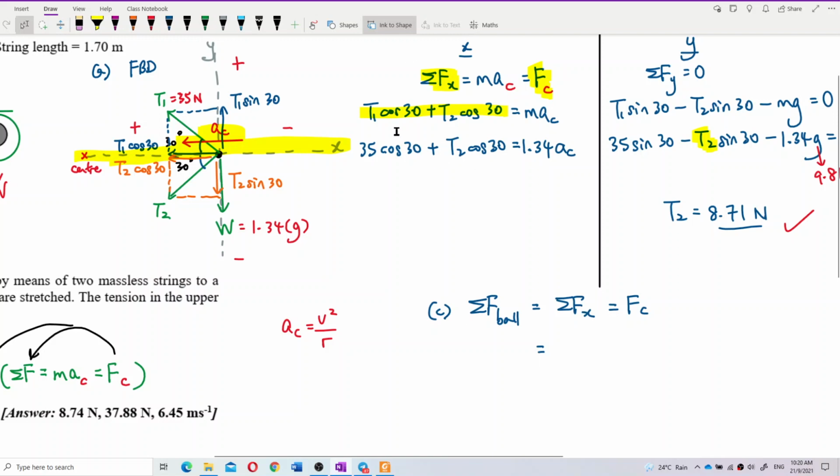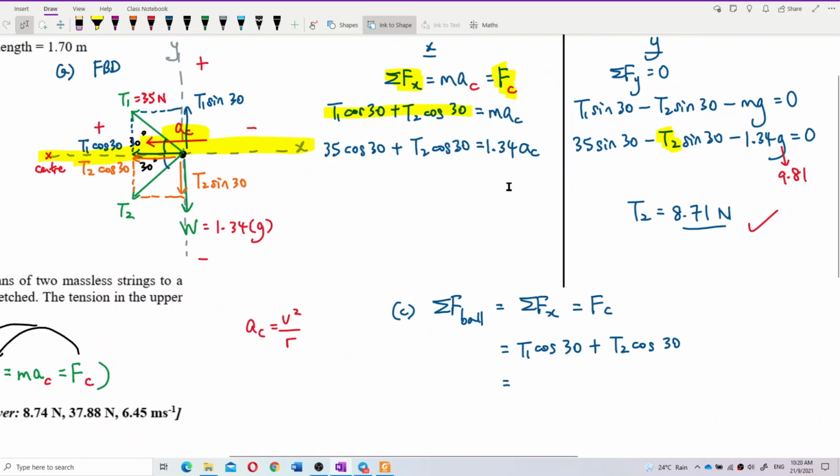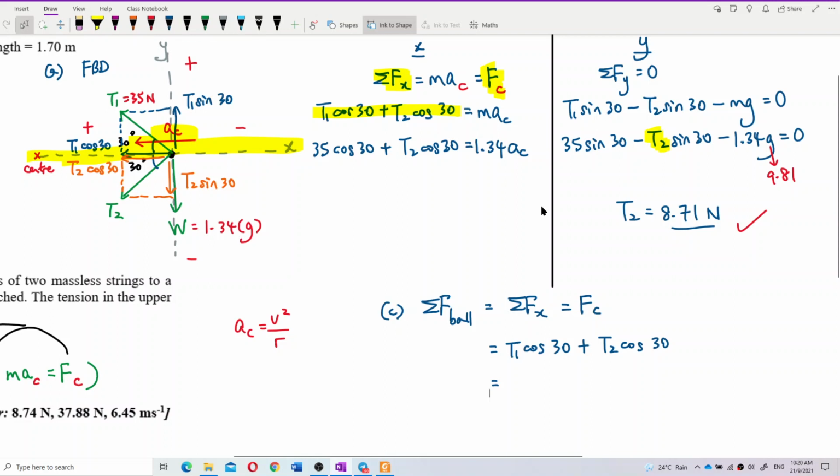So which is T1 cosine 30 plus T2 cosine 30. So let us find it. So this is 35 cosine 30 plus what? Plus 8.71 cosine 30.